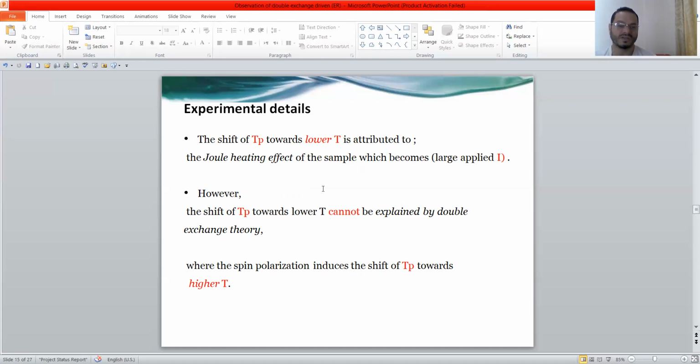However, the shift of peak temperature towards lower temperature cannot be explained by double exchange theory. We will deal with double exchange theory in the out configuration method, where the spin polarization induces the shift of peak temperature towards higher temperature.